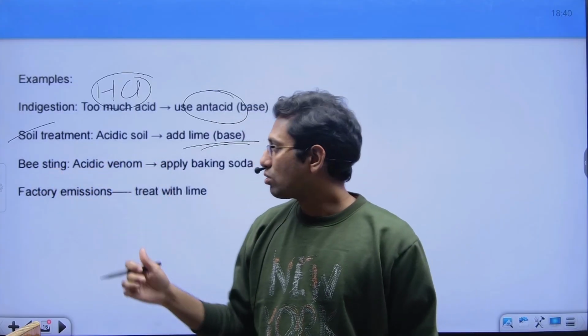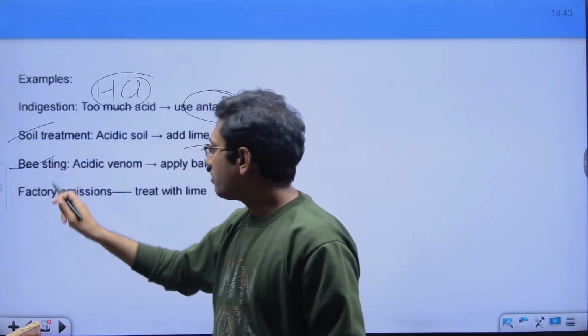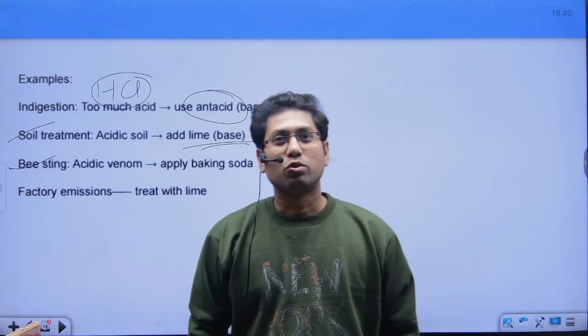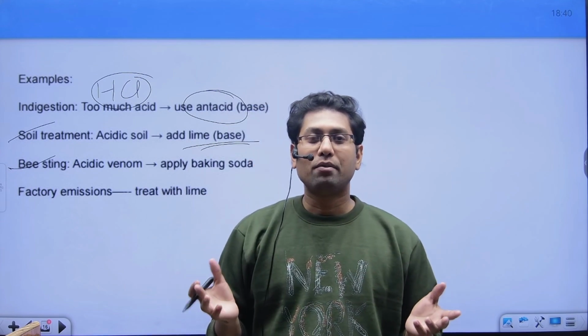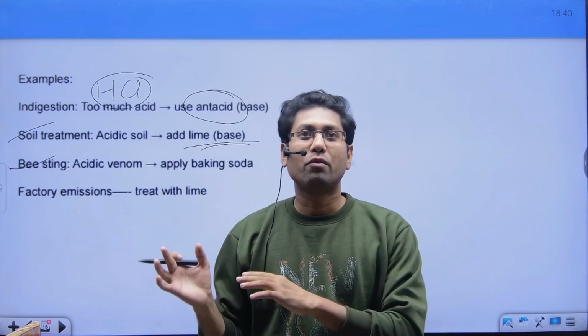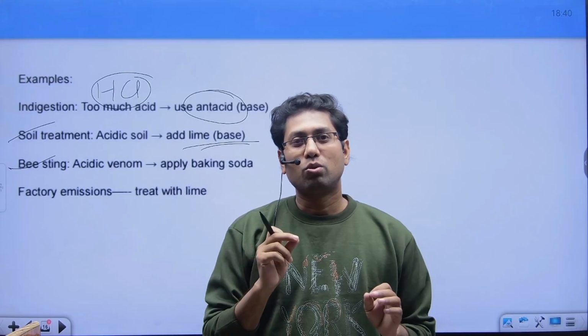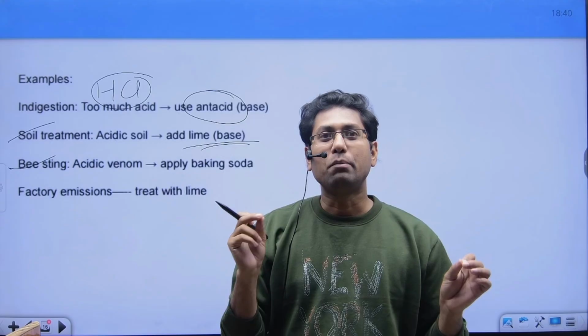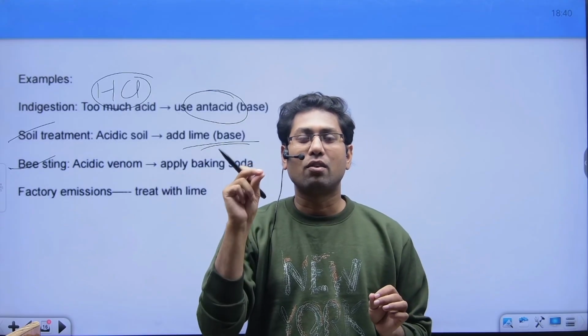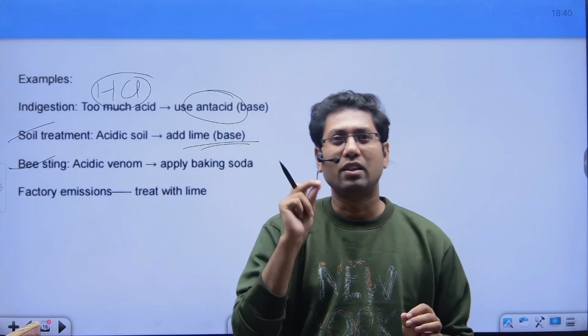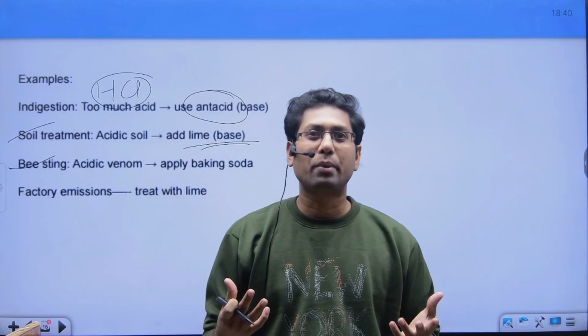Okay, friends. So let's take another example. Bee sting. I don't know whether a bee has bitten you at some point of time or not. Whenever a bee bites, it releases formic acid. Why do we feel pain?